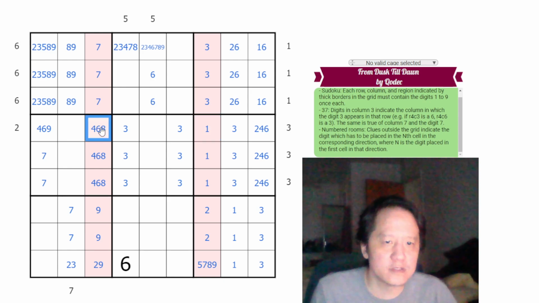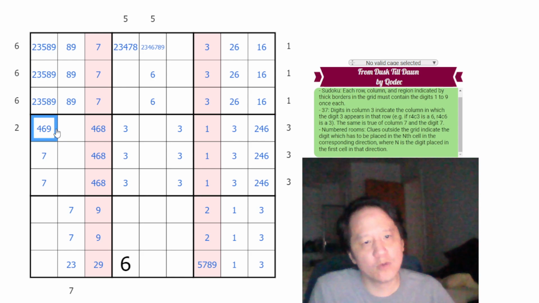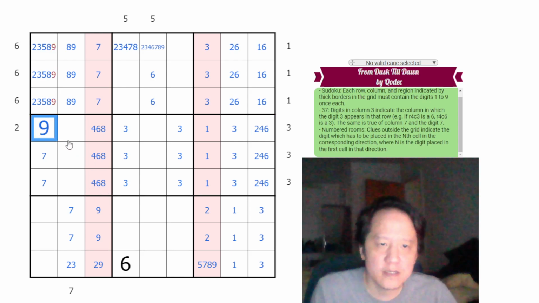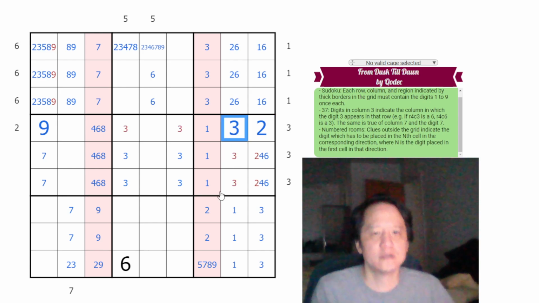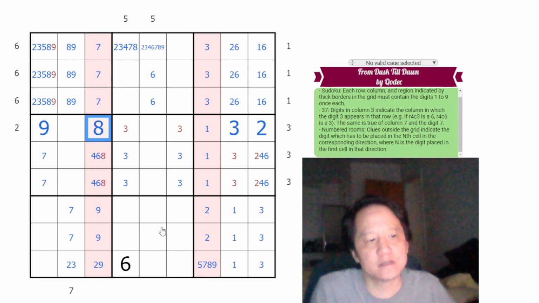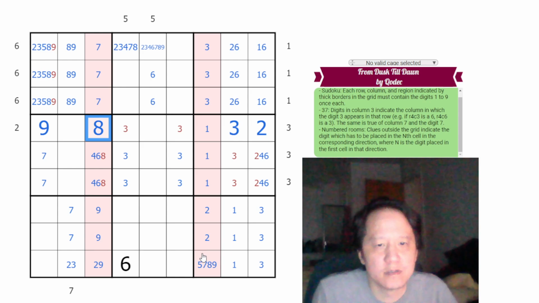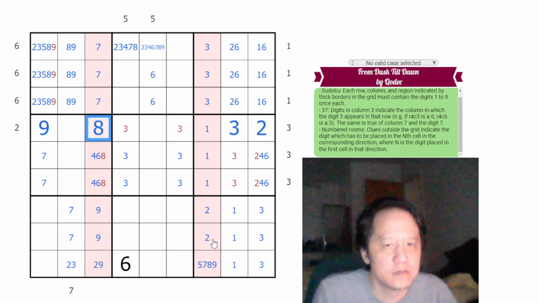So in both cases, this is 3, 7, 9, right? What if this is 9? Then the 2 has to be here, which means this is 3. Which means this is 8. Okay. That seems reasonable. This can't be 1 either way.